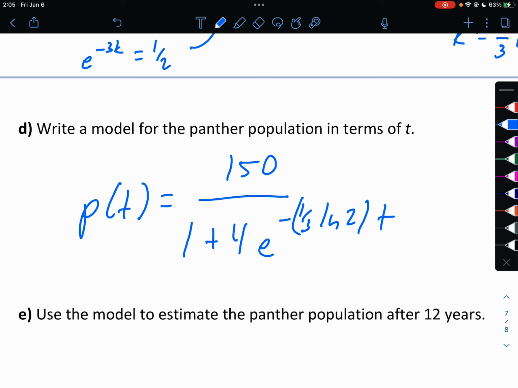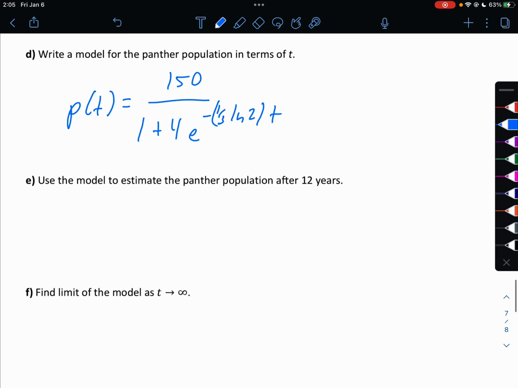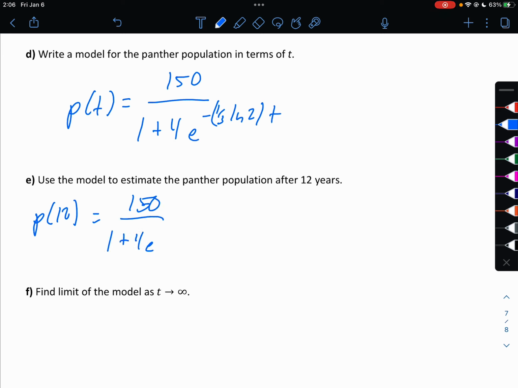Question E says, use that model to predict the population after 12 years. We're simply going to put 12 in for t. So we get 150 over 1 plus 4 e to the, negative 1/3 times 12 is negative 4 ln 2.